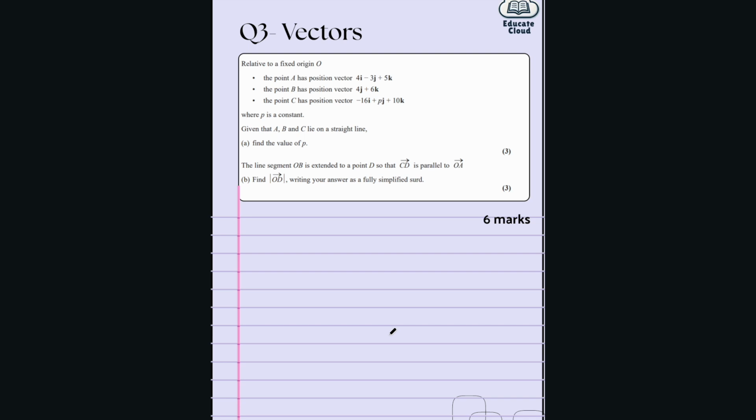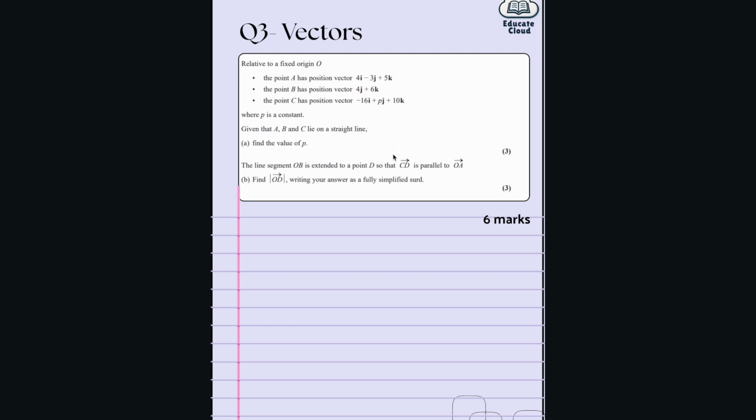The point B has a position vector 4i plus 6k. The point C has a position vector minus 16i plus pj plus 10k, where p is a constant. So given that A, B and C lie on a straight line, find the value of p.